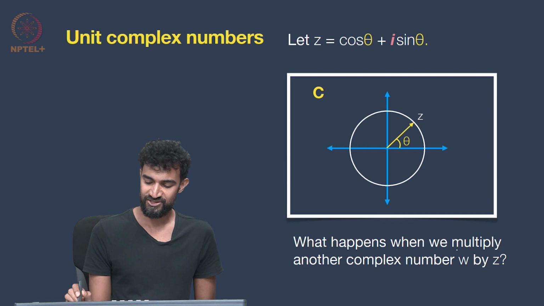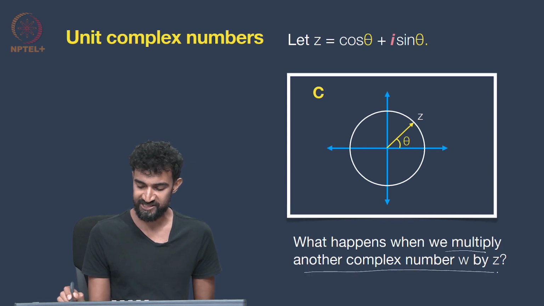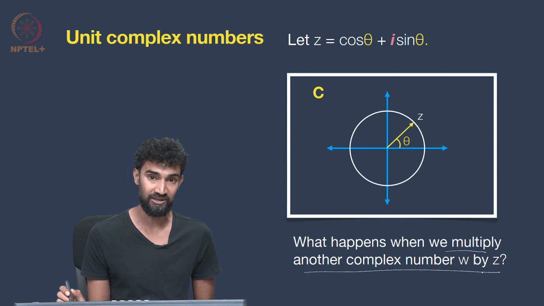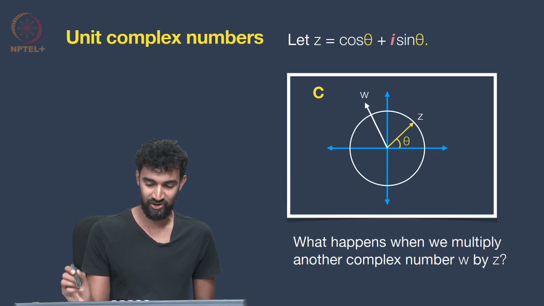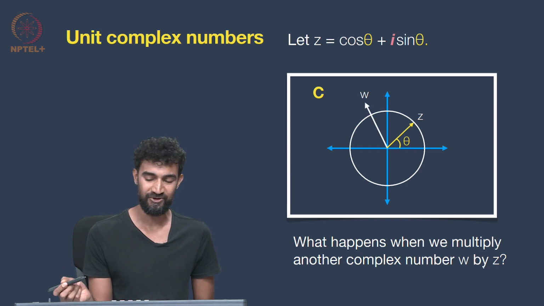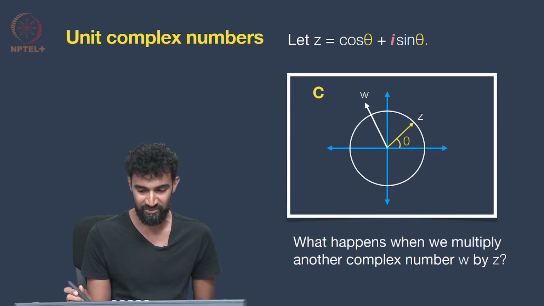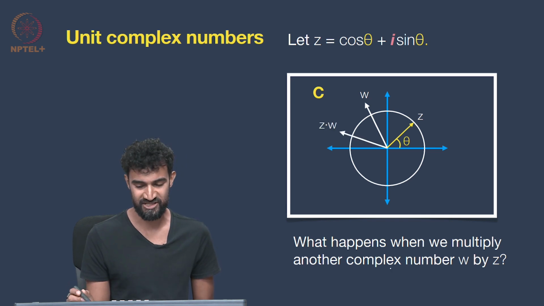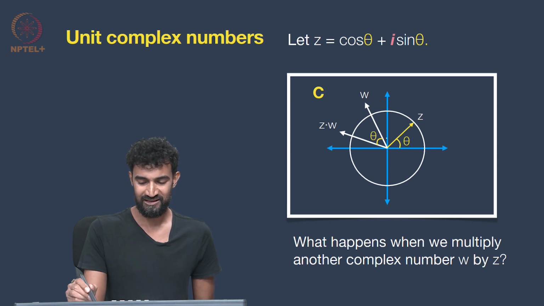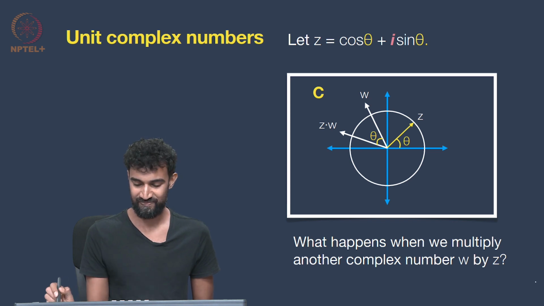So what happens when we multiply another complex number, w, by the complex number z? Well, here's w. It's just some other complex number, not necessarily a unit. When I multiply it by z, what's going to happen? Well, we're going to get a new complex number, z times w. What is that new complex number, though? Well, it's just w rotated counterclockwise by an angle of theta.